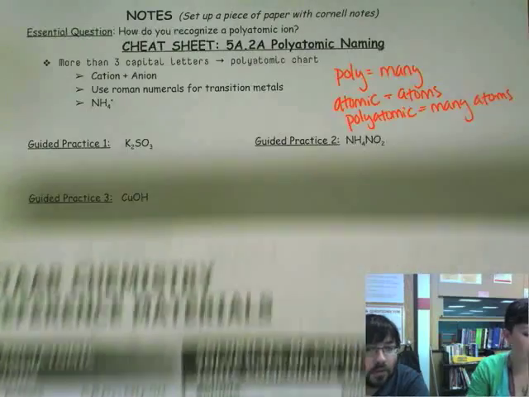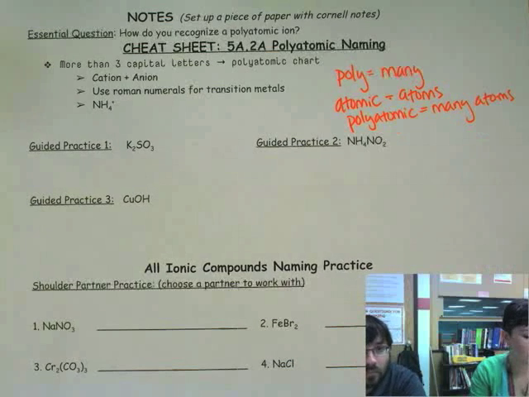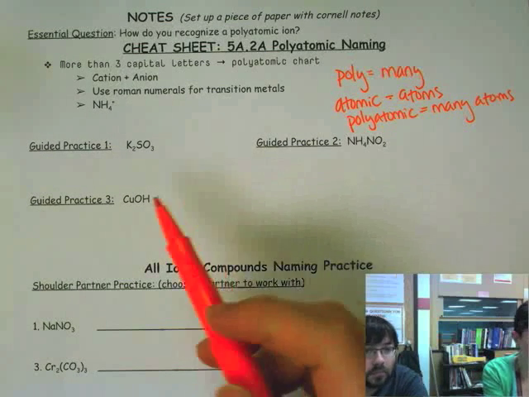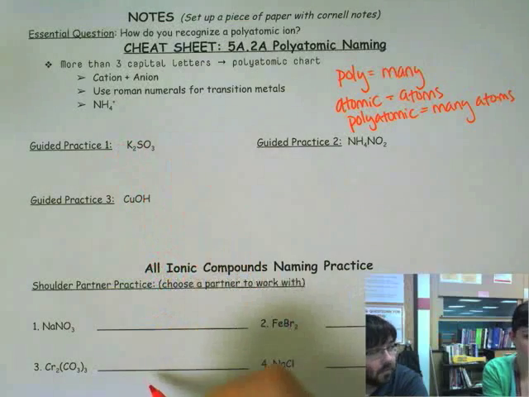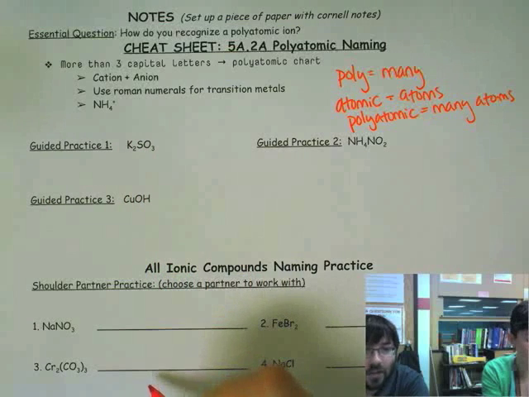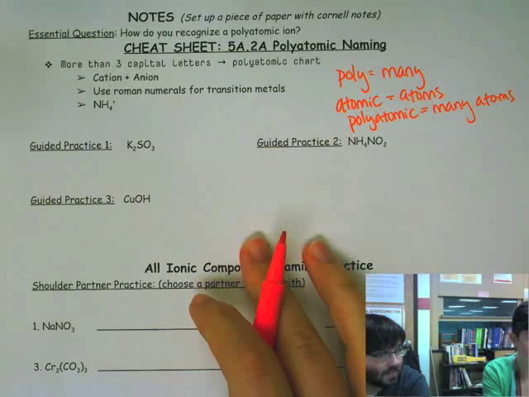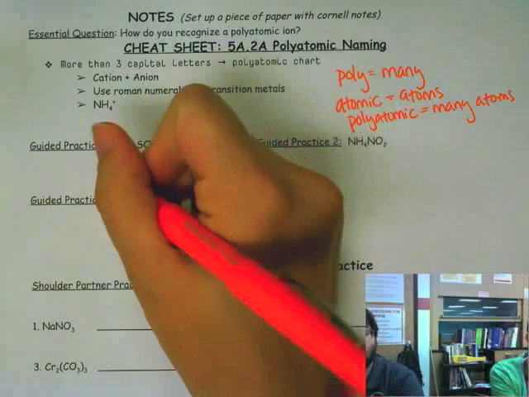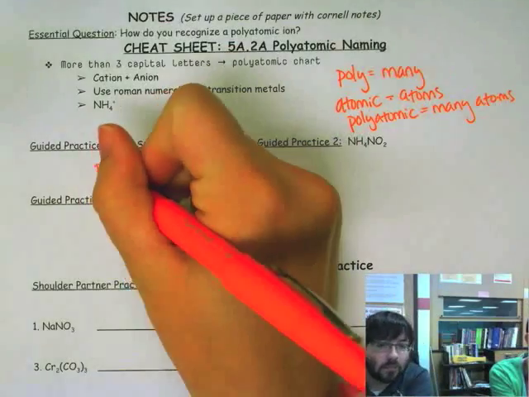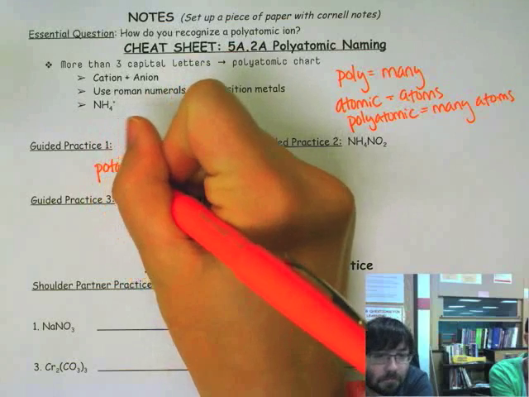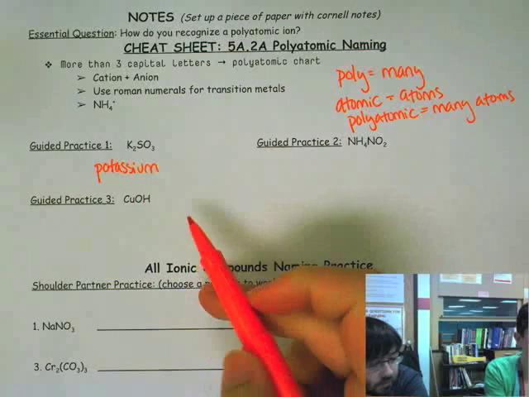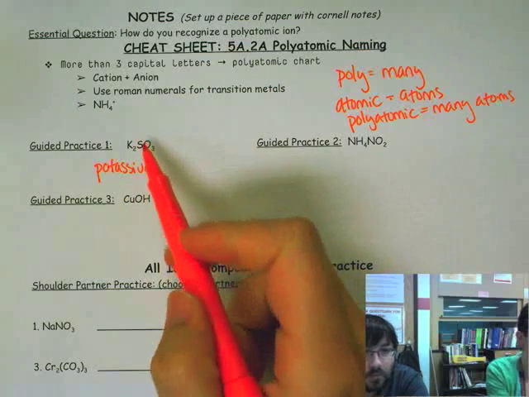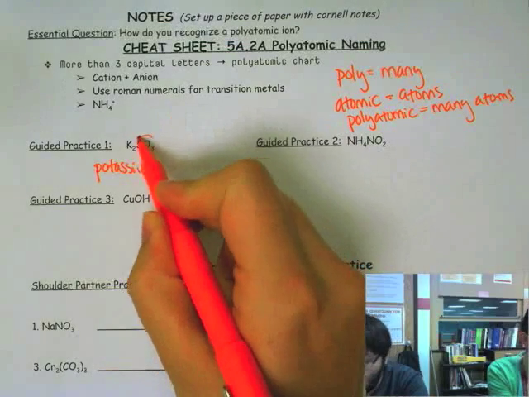So the first thing that we need to do is name the cation, which is this positive part that's in front. Oh, the metal. The metal, yeah. Okay. So K, that's potassium. That's right. So we're going to name potassium right here. And now we got to name the polyatomic ion, which is this part.